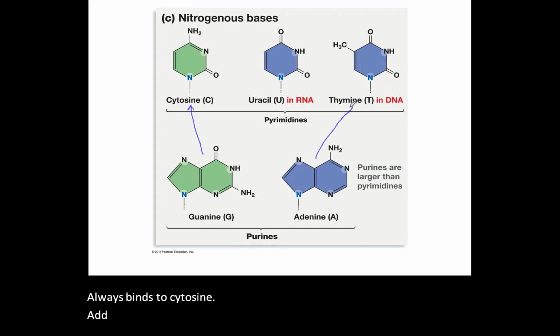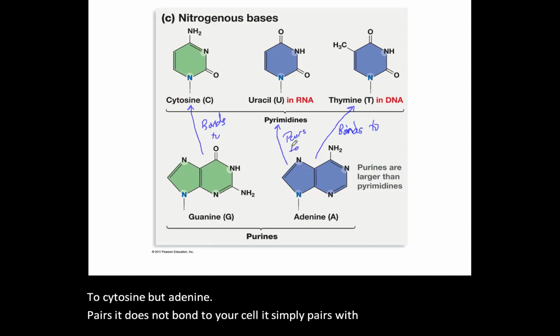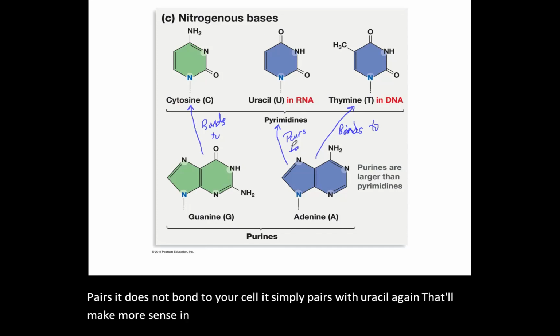Adenine bonds to thymine. Guanine bonds to cytosine, but adenine pairs with uracil. It does not bond to uracil, it simply pairs with uracil. Again, that'll make more sense in Chapter 3 why that happens.